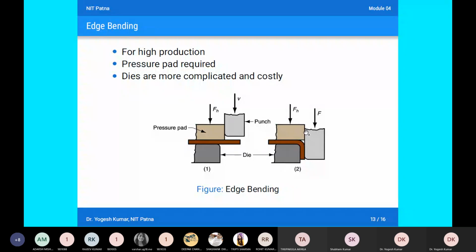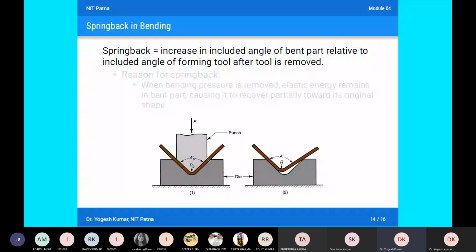Now we will come to the next topic, that is spring back in bending. Spring back is the increase in the angle of the bent part relative to the included angle of the forming tool after the tool is removed.